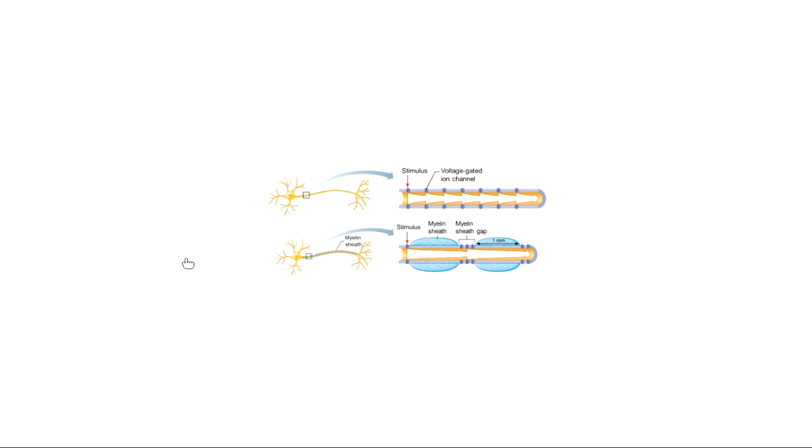This shows me the 2 options for how the process of sending a message down an axon could work. Remember that a message, or an action potential, is that membrane charge that moves. That moving charge can move in 2 different ways.